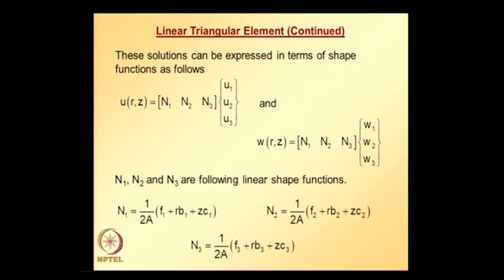N1, N2, N3 are defined like this. As you can see, all three are linear with respect to r and z.